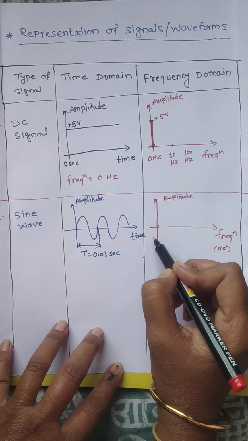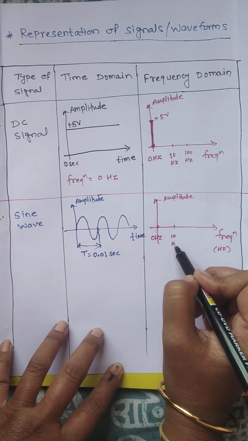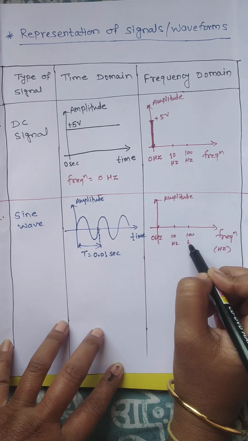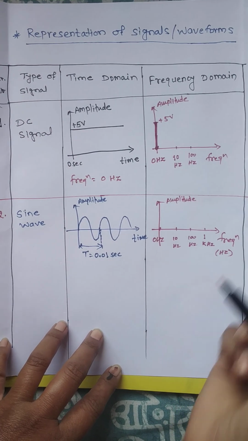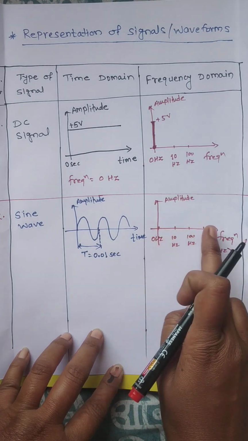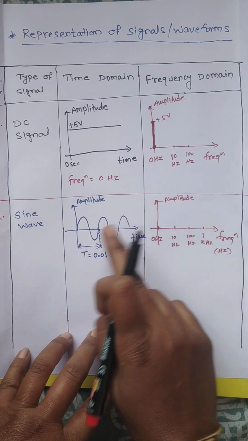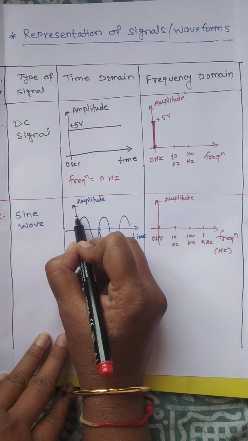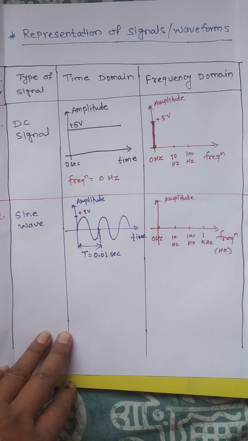Now frequency axis means frequency should be there, 0 hertz, 10 hertz, 100 hertz, 1k, and so on. Okay. Now as we need to see the frequencies versus amplitude, let us consider its maximum or peak amplitude is again plus 5 volt.